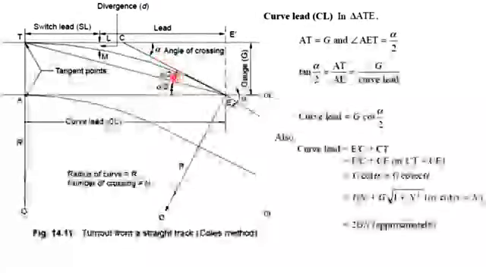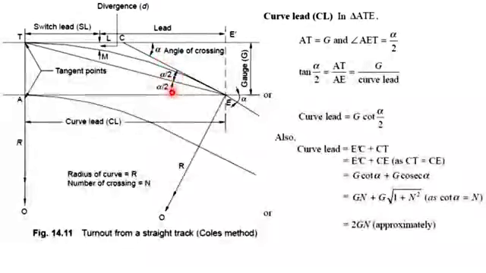So this angle should also be alpha since both lines are parallel, and half of that angle is alpha by 2. So if we take tan alpha by 2, you have G divided by curve lead. Curve lead is given by G cot alpha by 2, and also we have curve lead is equal to E dash C plus CT. So that comes to G cot alpha plus G cosec alpha. Finally, it can be written as approximately 2GN.